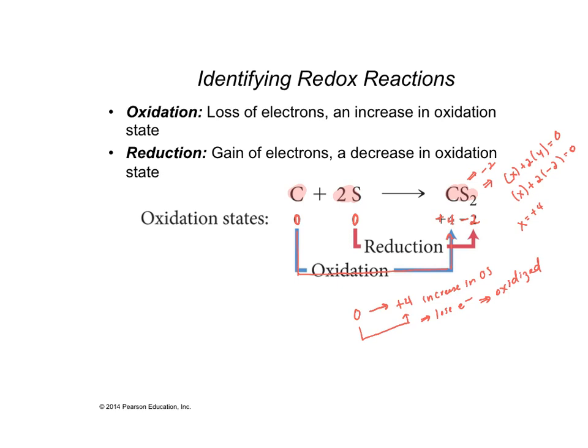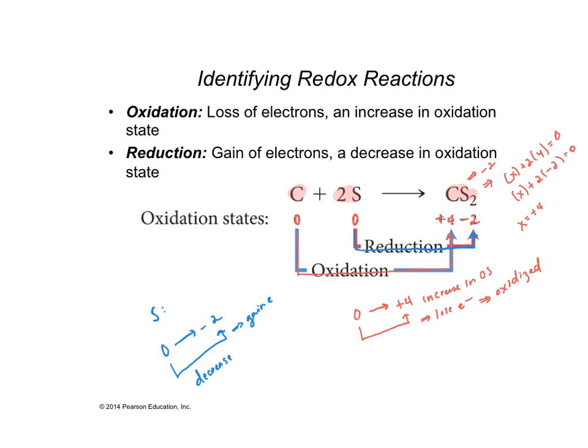On the other hand, we've got sulfur here. So sulfur goes from a 0 as a reactant to a -2 as a product. The only way to go from something that's 0 to a negative value is to gain electrons, right? So we have a decrease in oxidation state here.